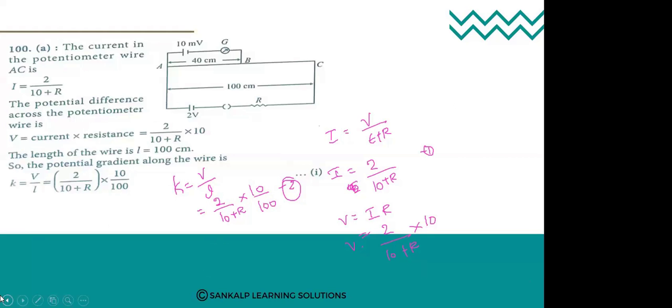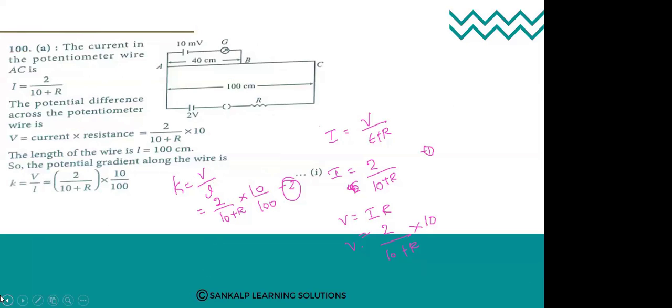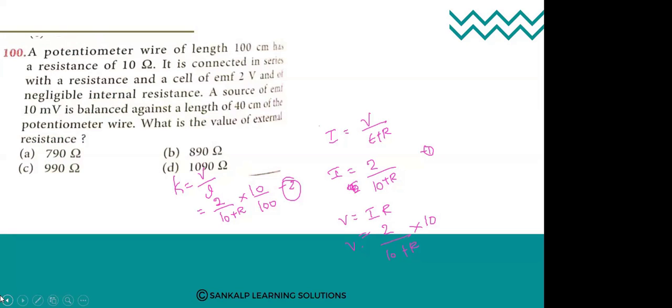Here, what is asked in the question? What is the value of the external resistance? The potential gradient. You can copy down that till that.